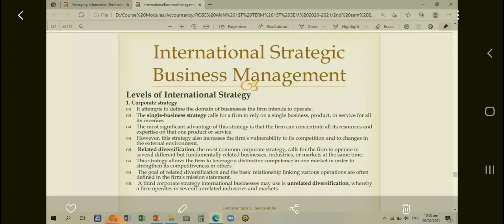This strategy allows the firm to leverage a distinctive competence in one market in order to strengthen its competitiveness in others. The goal of related diversification and the basic relationship linking various operations are often defined in the firm's mission statement.